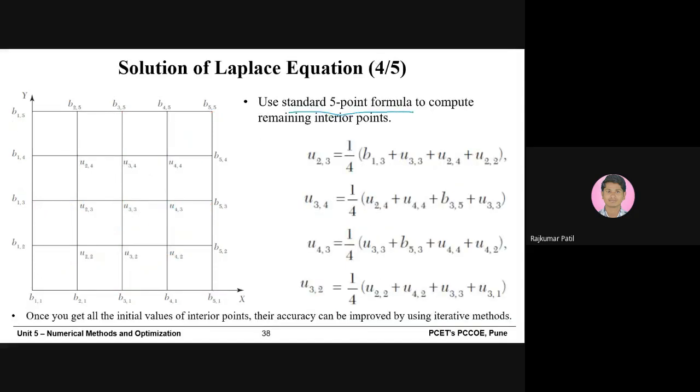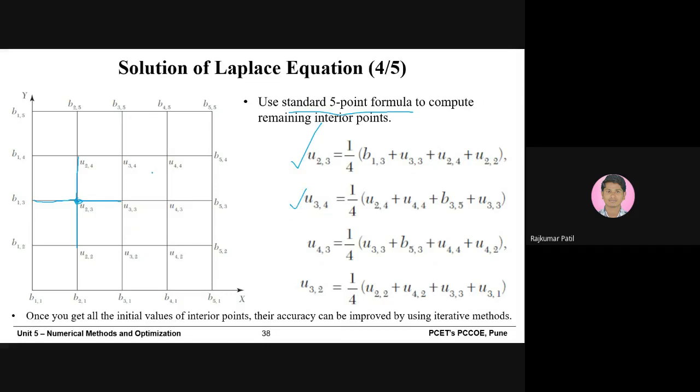So here you can see u23, this point, by using the neighbor values: b13, b24, u33 and u22. So you will get u23. Then u34.